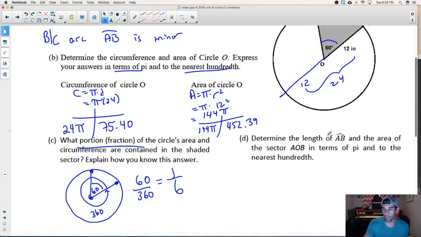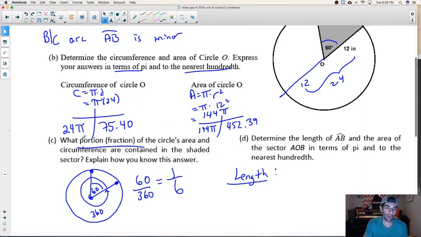Determine the length of arc AB and the area of the sector AOB in terms of pi and to the nearest hundredth. Okay, I think I did that one. So now, let's start with the length. Do we know the entire length of the circle? Yes.